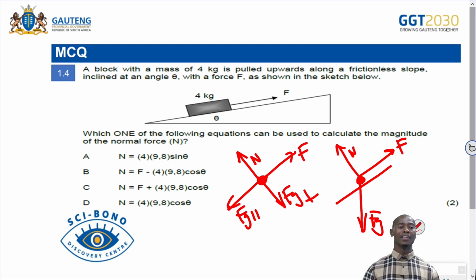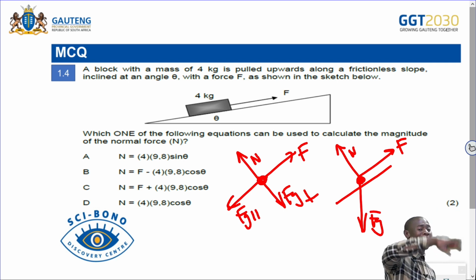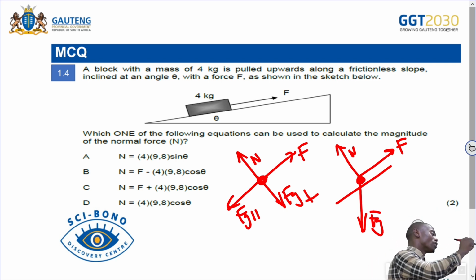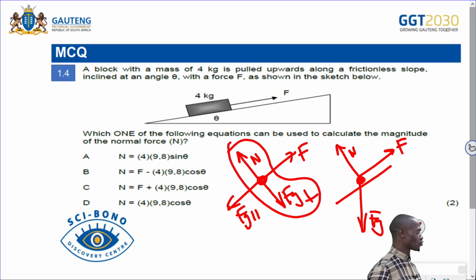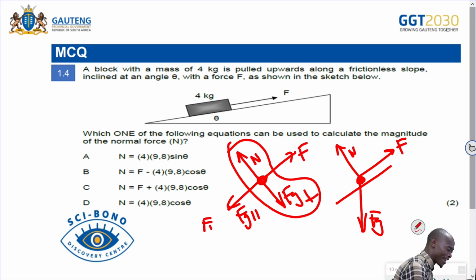So what are they looking for here? Which one of the following equations can be used to calculate the magnitude of the normal force? This object moves parallel to the incline, it's not moving perpendicular to the incline. Which means that for the forces perpendicular to the incline, their net force should be 0 newtons. So F net for the perpendicular forces equals 0.